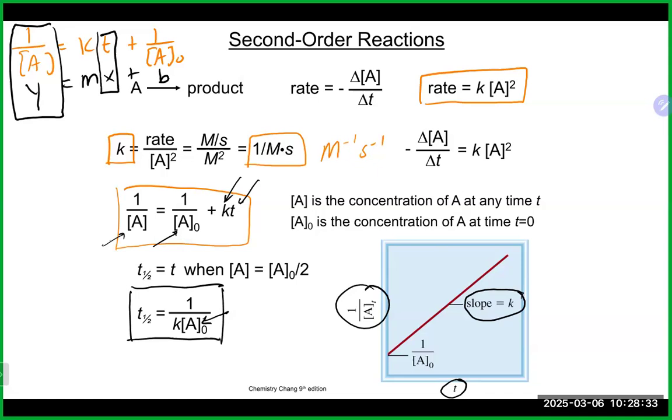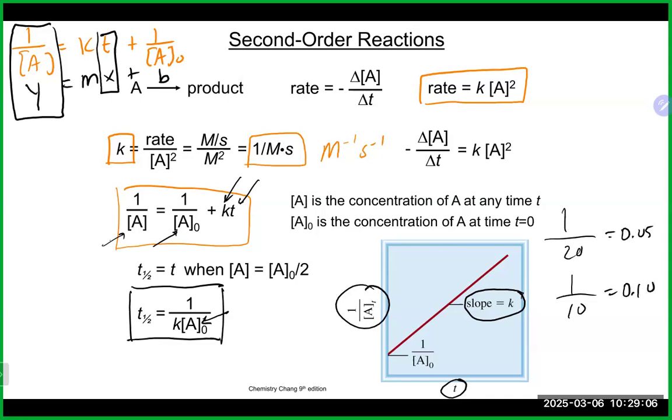So unlike a first order reaction, the half-life of a second order reaction is affected by the initial concentration. How does it affect it? I don't know. We could just throw some numbers in maybe and see. If we took 1 over, say, 20 versus 1 over 10, we'll end up with maybe 0.05, and 1 divided by 10 is 0.10.